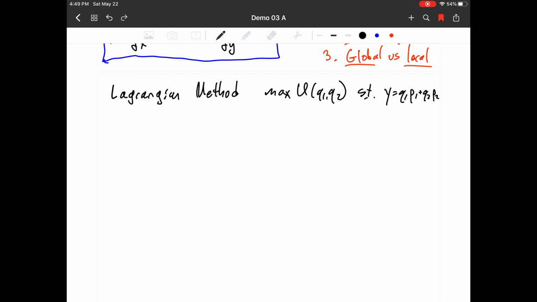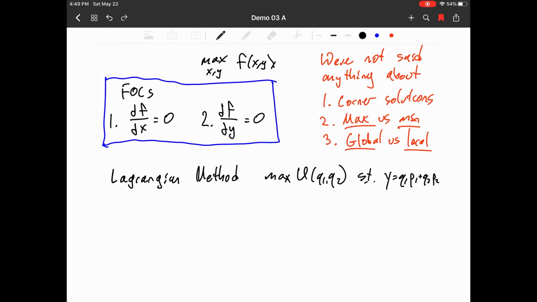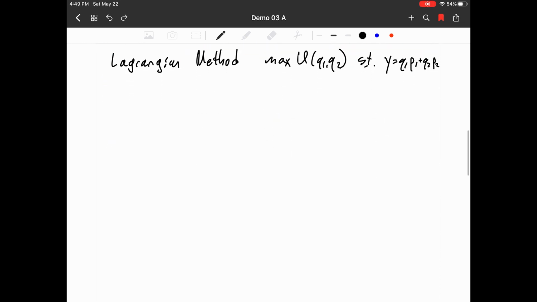So the analogous function to this f that we have set up in our demo problem, we often write this as this script L, and the L is coming from Lagrange, who was a famous mathematician who developed this type of approach.